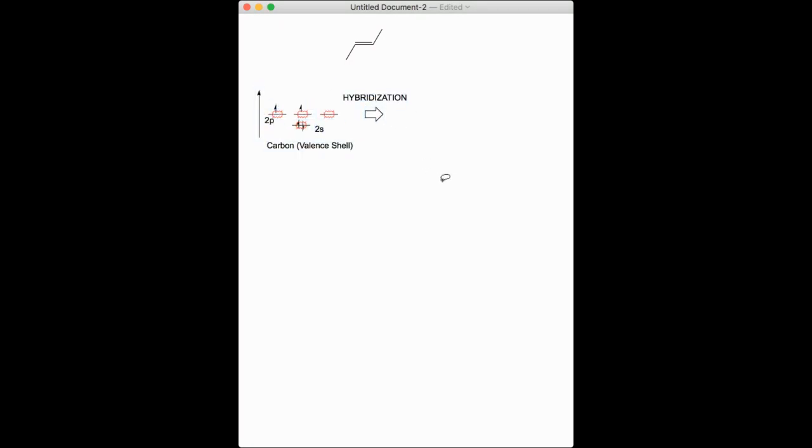As I said, before this carbon forms any bonding, the atomic orbitals of carbon will be hybridized. Now, we call this hybridization. So by the way, guys, what will be the hybridization of this carbon over here? So that carbon will be sp3 hybridized.